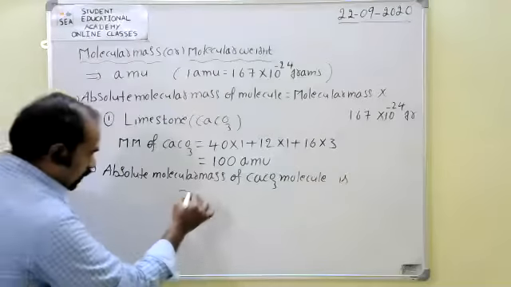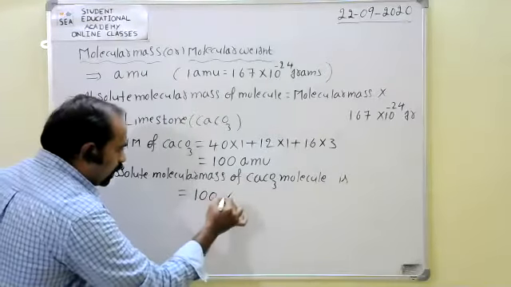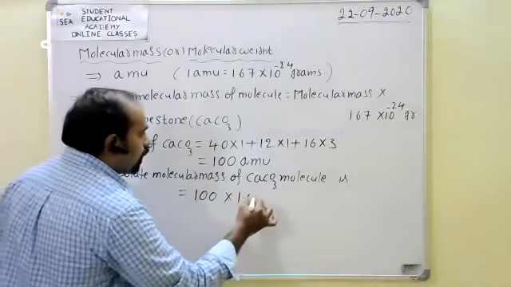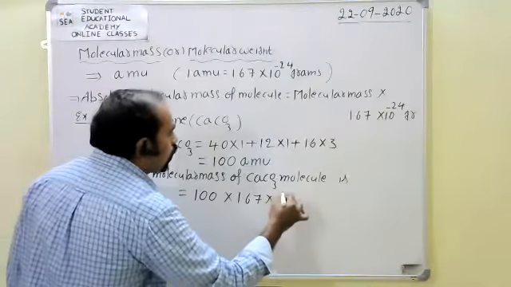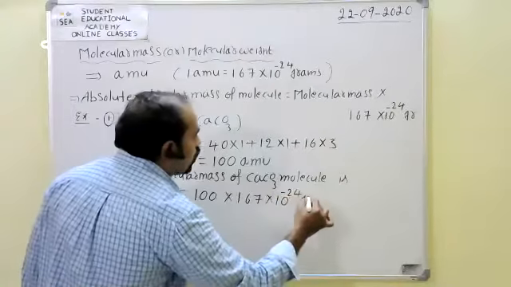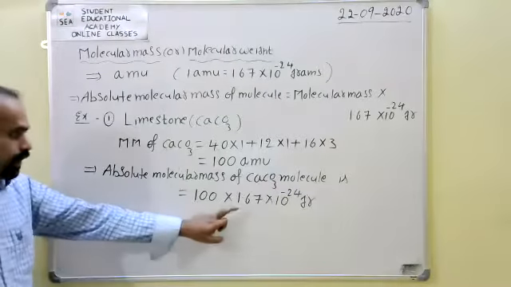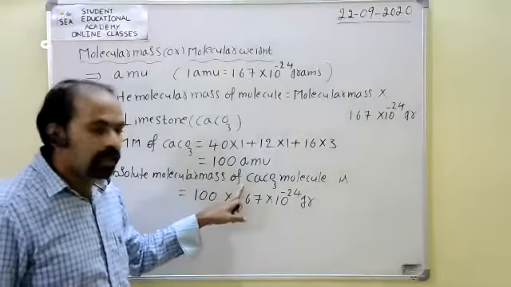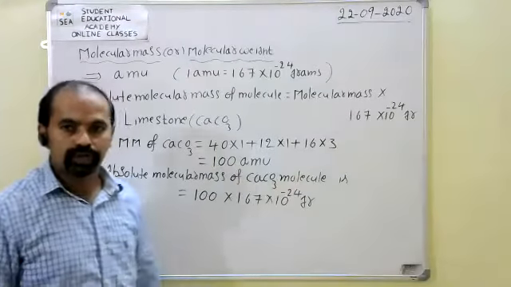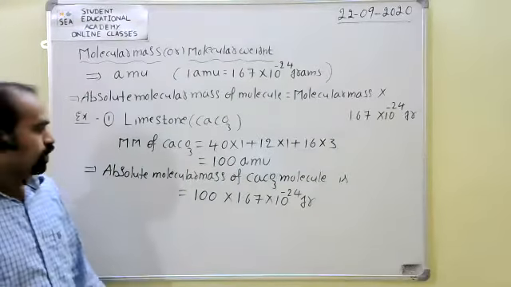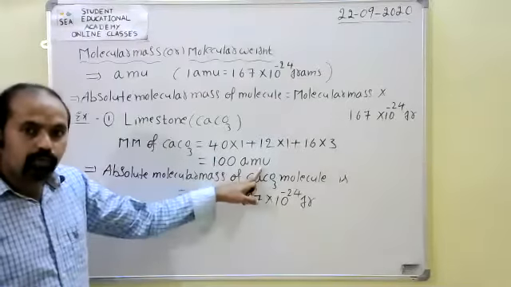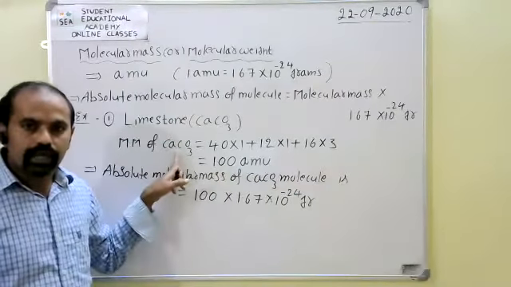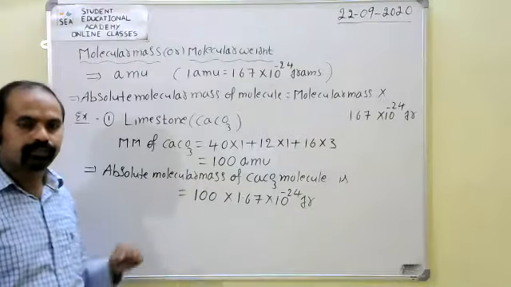How much that? 100 AMU. 100 into 1.67 into 10 raised to minus 24 grams. It is called absolute molecular mass of CaCO3 molecule. So the above 100 AMU referred molecular mass of CaCO3, calcium carbonate.